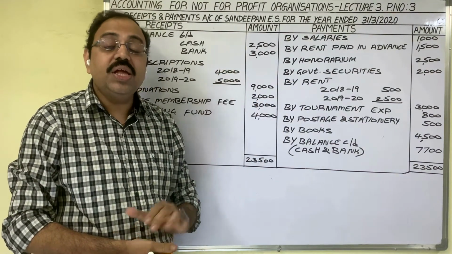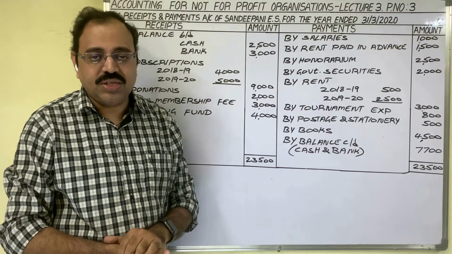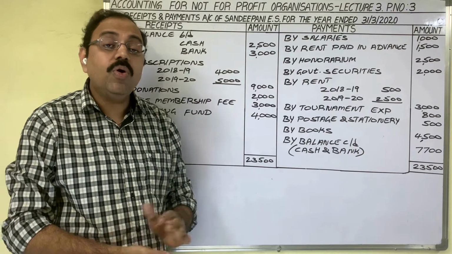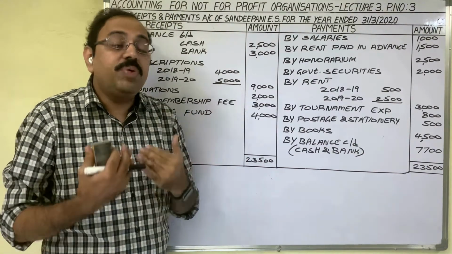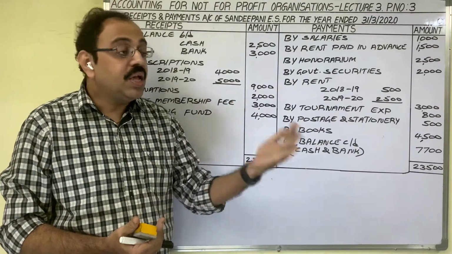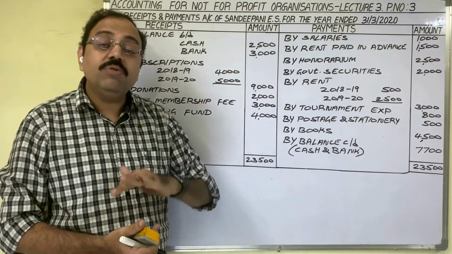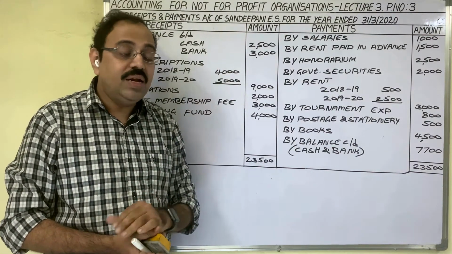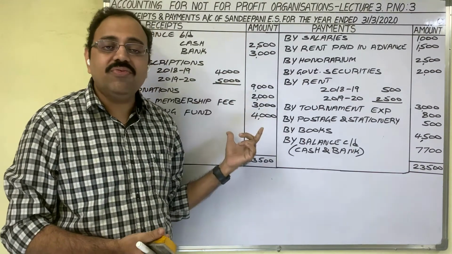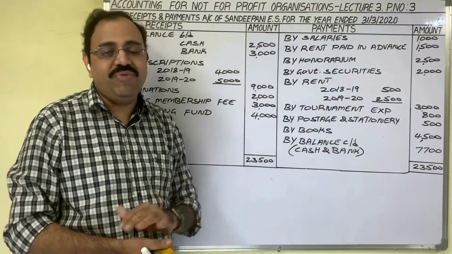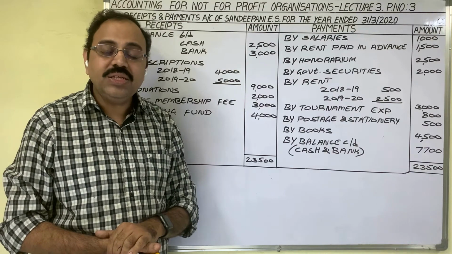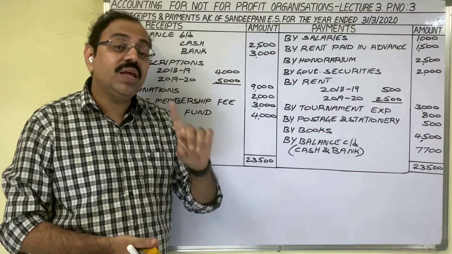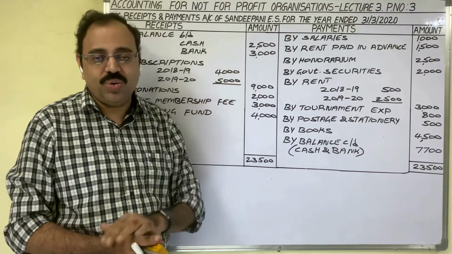But in case of large organizations, when they have more outstanding expenses, prepaid expenses, incomes to be received, incomes received in advance, then this account is not enough to know the surplus or deficit. In that case, they have to prepare even income and expenditure account also.